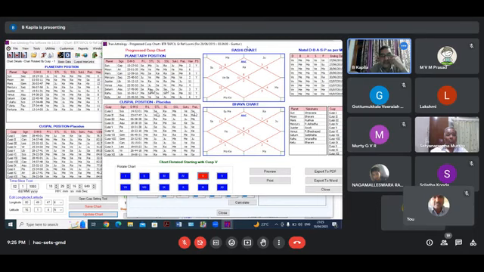Am I right? Next is Sun. So Sun has to be in either 1, 2, 7, 8, 9 or 12. So if you look at Sun, Sun is present.